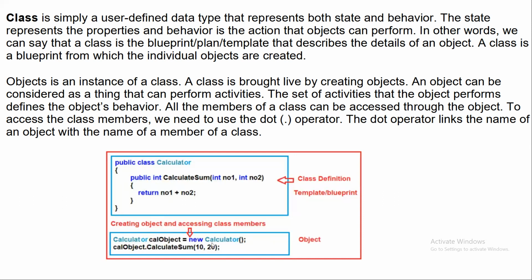I'm using the new keyword, and calculator is my class. We have been writing so many programs by this time, right? And if you want to use a specific variable or method in that class, you have to use the dot operator: the object dot the method name, calculate sum.